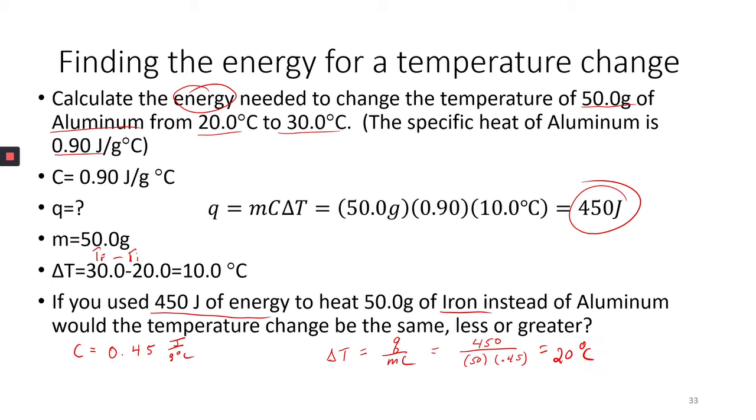So the temperature change would be greater. And let's think about this. The heat capacity is smaller, so it has less ability to store heat. So all that heat is going into changing the temperature. So the lower the C, the greater the temperature change, if you're keeping your mass and energy constant.